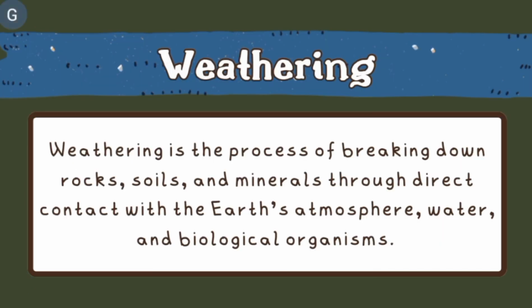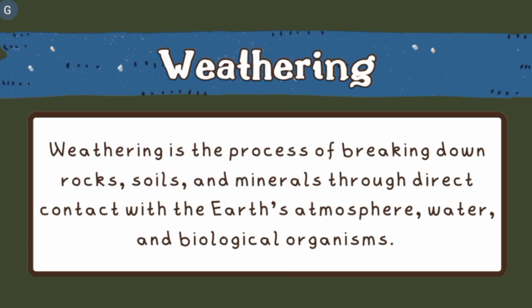What is weathering? Weathering is the process of breaking down rocks, soils, and minerals through direct contact with the Earth's atmosphere, water, and biological organisms. So weathering is a process of breaking down rocks, soils, and minerals into small pieces.